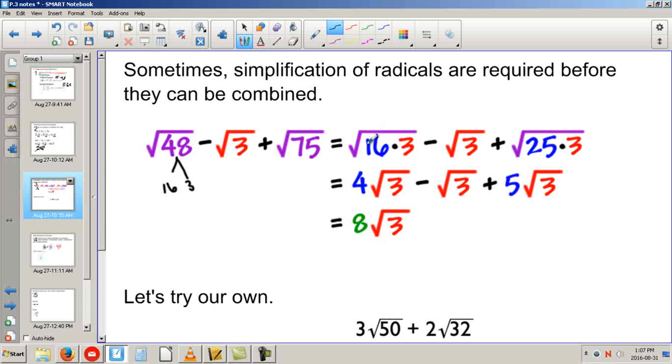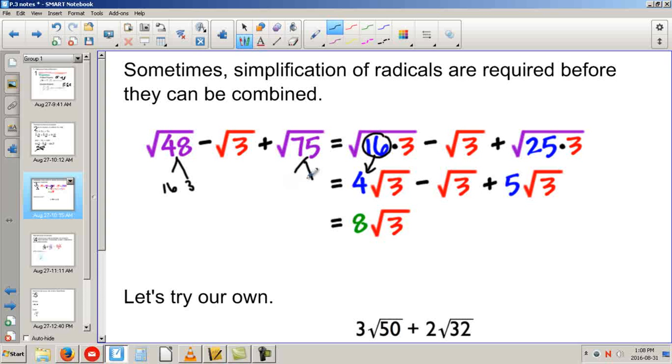Now those are both still inside the square root. That's why you see the square root of 16 times 3. But what is the square root of 16? The square root of 16 is 4. So that gets to come out of the square root. Did I know the square root of 3? The answer was no, so it stayed inside. But what's nice about this is now I have root 3 and root 3, so I could combine those.